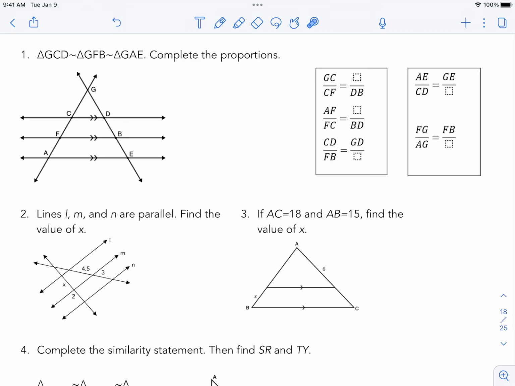So here we see GC, looking here, GC is corresponding to GC, the relationship between GC over CF, and then something over DB. Okay? Well, remember that the different parts are proportional to each other. And so if GC is the ratio to CF, then the one to DB should be GD.